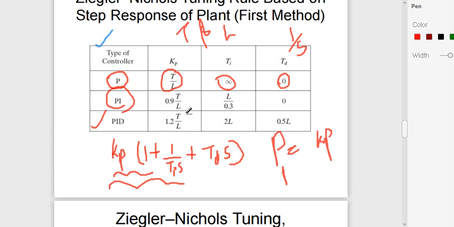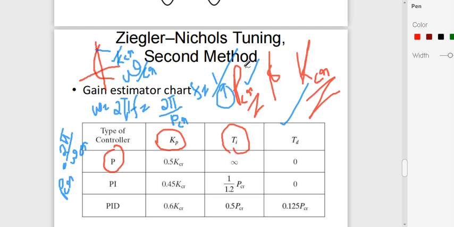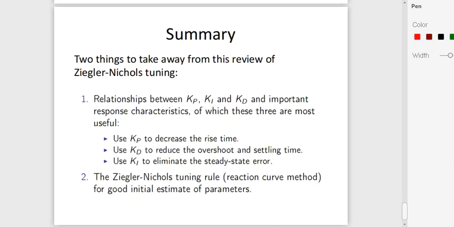In the first chart we need to know the values of T and L for designing P, PI and PID controllers, and by tuning using the second method we need to know the values of Pcr and Kcr to design P, PI and PID controllers. Depending upon the question, we design by using the second method or the first method.